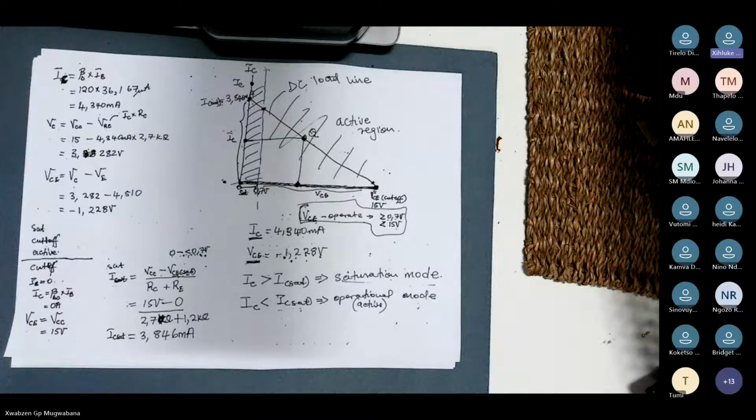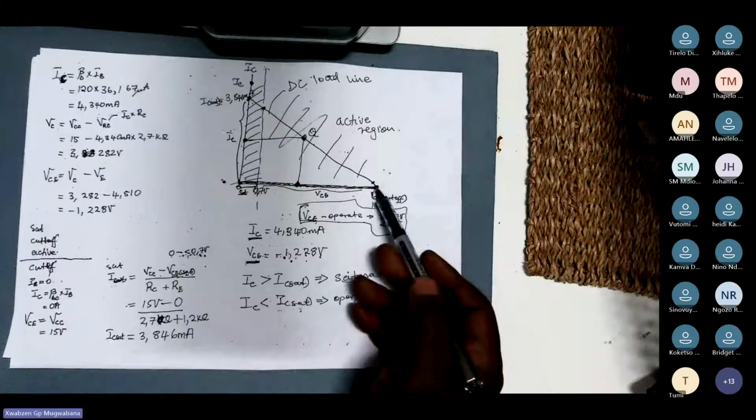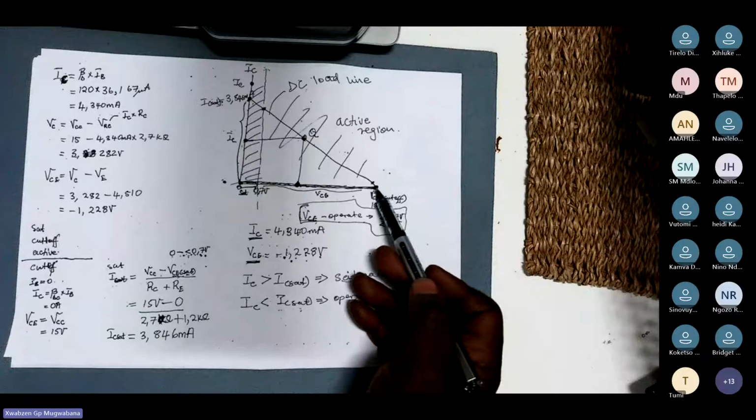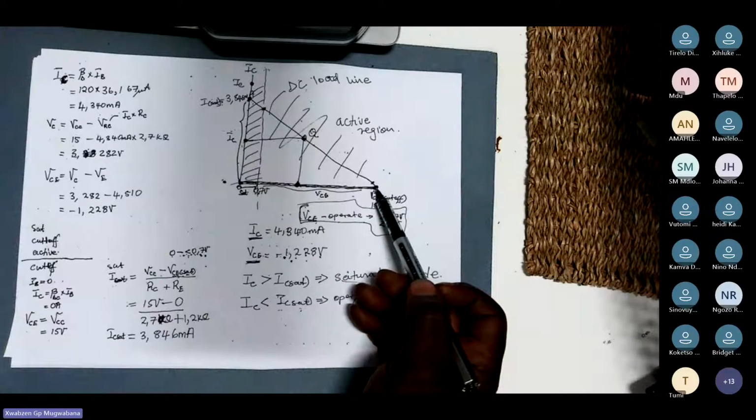Sir, what if my IB is not equal to 0? If IB is not equal to 0, which means IC is also not equal to 0. So now you have moved from cutoff.